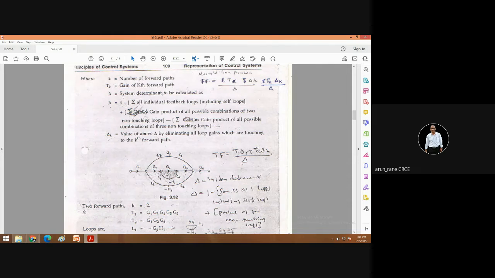Delta is nothing but the determinant, the complete system determinant. And how to find the delta? This is slightly complicated.